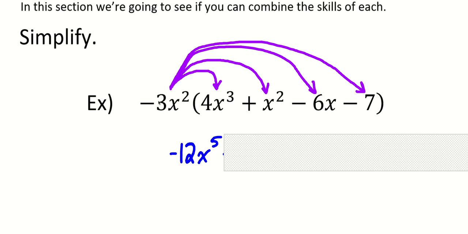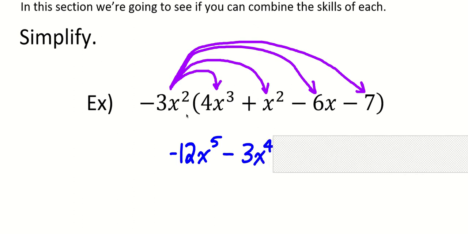I guess what I was getting at there was it's all multiplying, right? We're multiplying negative 3 with positive 4. And we're multiplying x to the second power times x to the third power. But to do that multiplying, you add those powers. So negative 3x squared times what's technically 1x to the second.